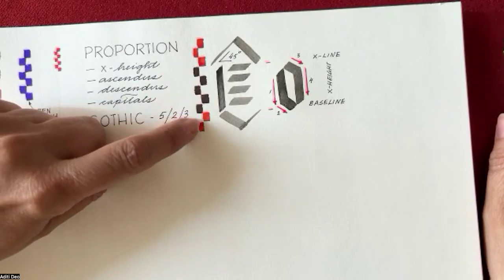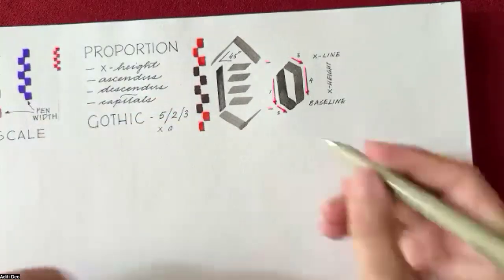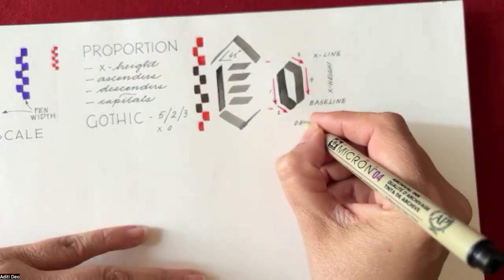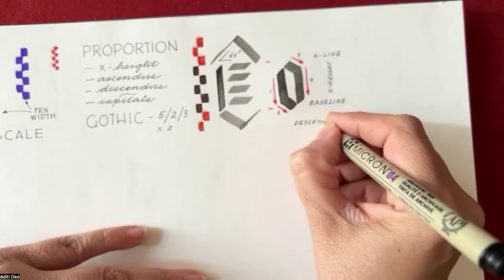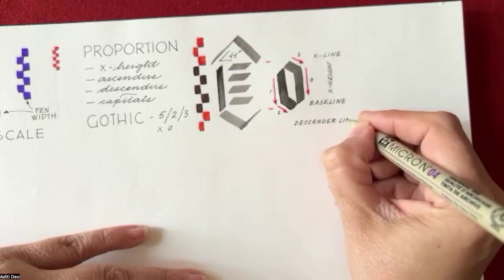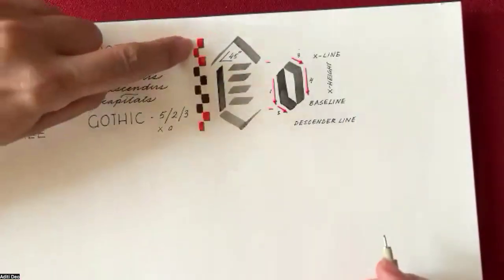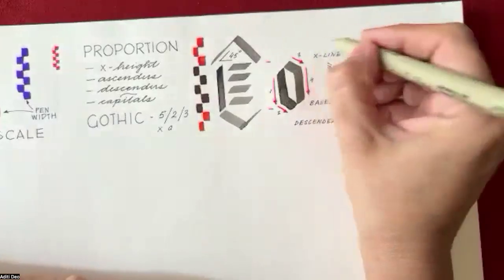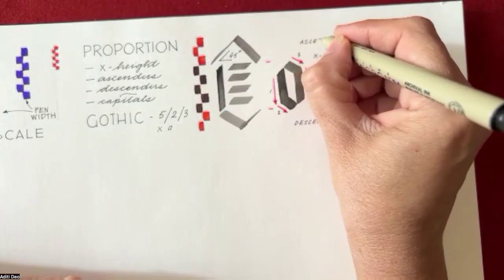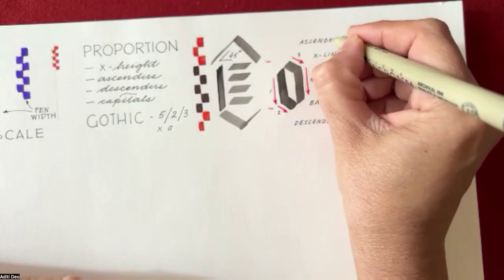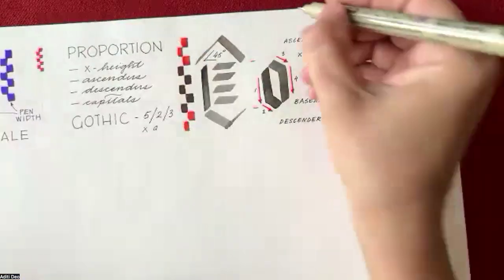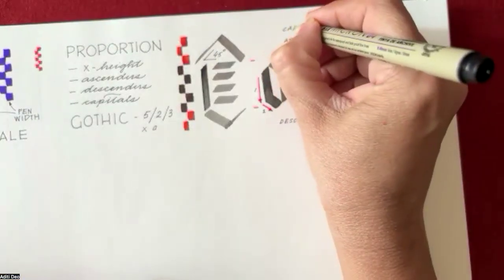Okay, 2 pen widths for descender space, which will bring us to the descender line. 2 pen widths for the ascender line. I have not drawn a line over there, but that is just meant to indicate. And 3 up will be the capital line.